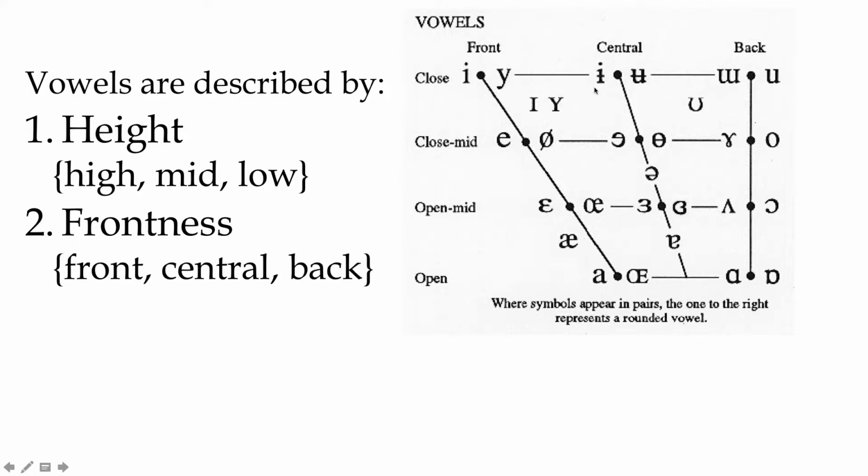We don't use as many of these central vowels in English. We really only use this one, and this symbol here is actually pronounced a little bit further back in English. But this central vowel space is space that could be used. It is open in English, but not in a lot of languages.